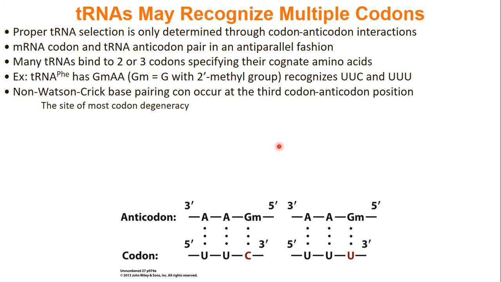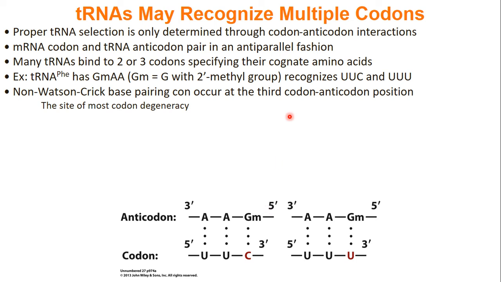Now we're going to look at how tRNAs interact with codons, and proper tRNA selection is only determined through the codon and anticodon interaction. An mRNA codon and the anticodon will pair in an anti-parallel fashion. So the codon is 5' to 3', then the anticodon is 3' to 5'.